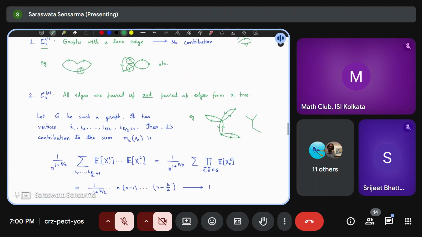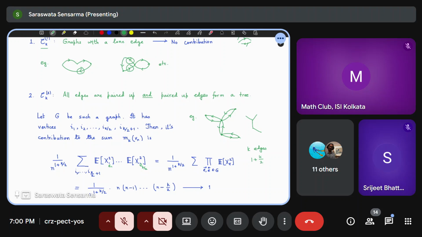So there, if you do the computation, it will be exactly the same. All of these are 1, so that's not a problem. And there are k/2 plus 1 many choices. Note that if you have a graph on k edges, the number of vertices would be 1 plus k over 2.